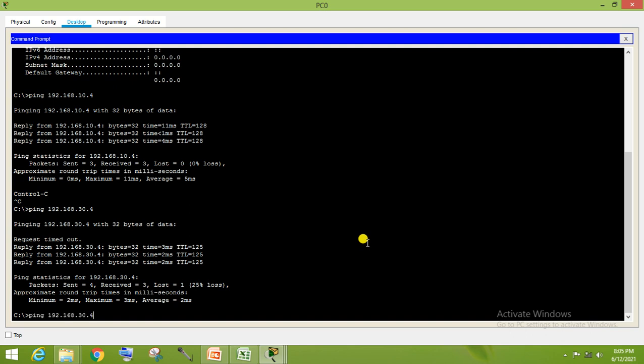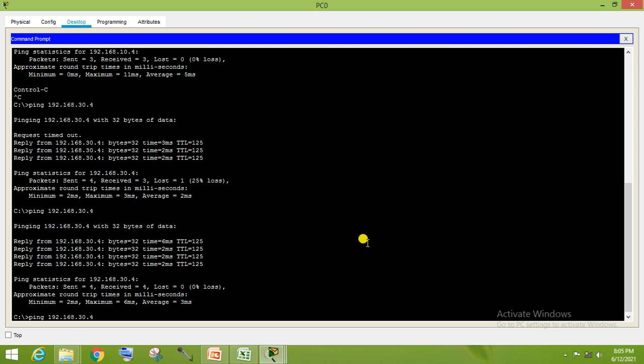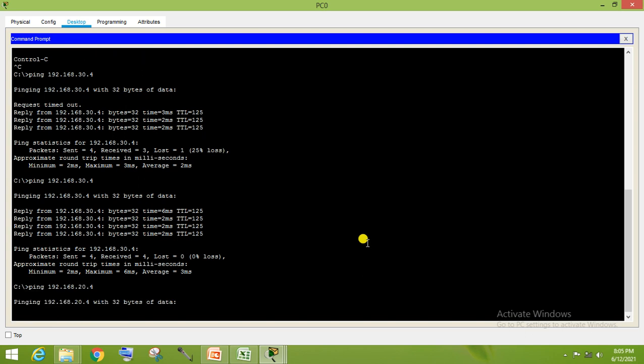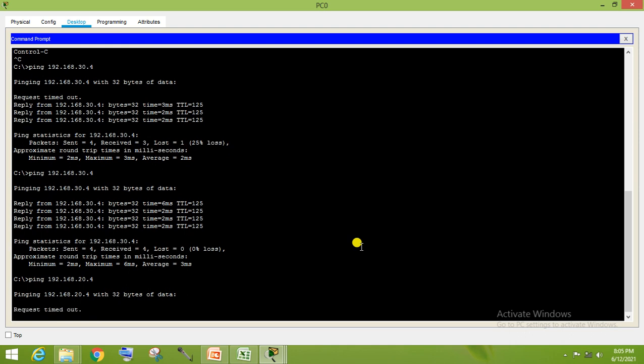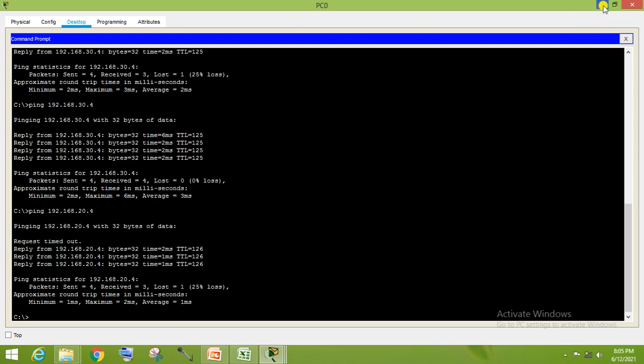Okay, it's pinging. It will go to 30.4 also, and it will go to 20.4 also. The first ping takes some time. Yes, now it's also pinging.